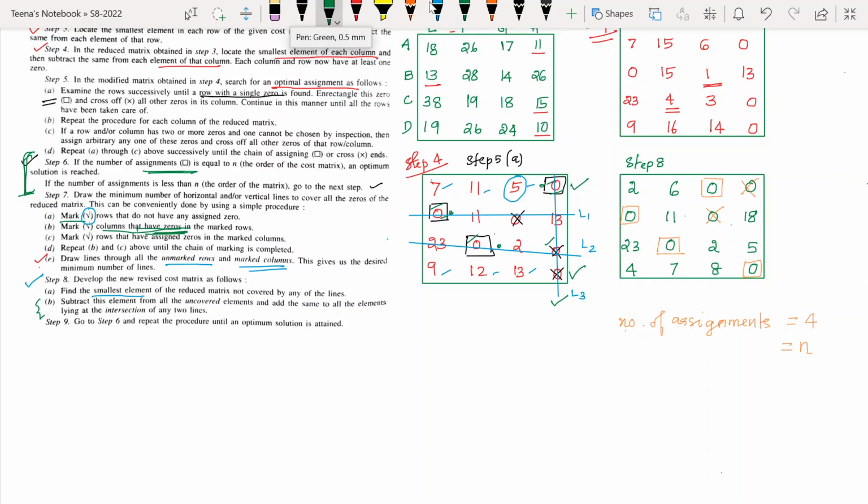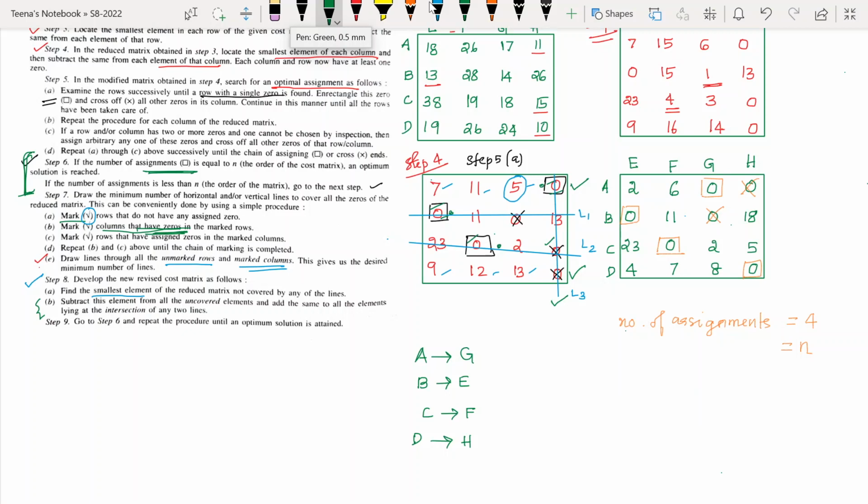See, this is A, B, C, D, and this is E, F, G, H. Okay, so we have A to G, then we have B to E, then we have C to F, and then we have D to H. That means there is exactly one allocation in every row and only one allocation in every column.